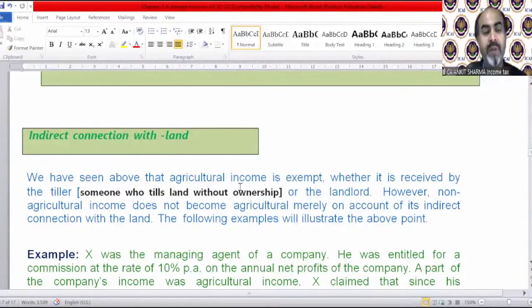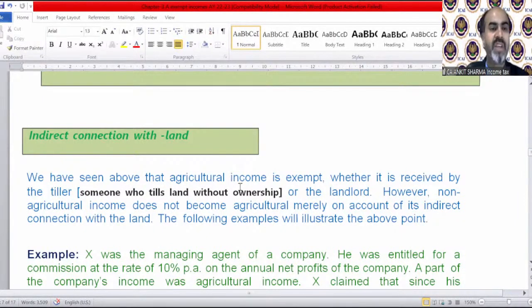There are only 4 concepts in which we can treat income as agricultural: rent or revenue from agricultural land in India, farmhouse activity, nursery operation, and the 4th one is composite business. Any other activity which does not fall in these 4 categories will be non-agricultural income and going to be taxable. So this topic is just to make you understand that not all activity happening on agricultural land is going to be treated as agricultural income.